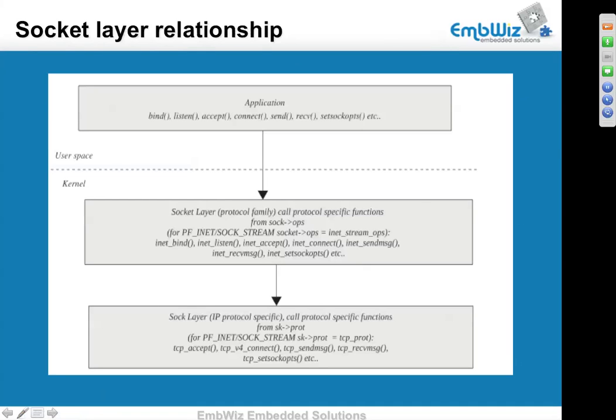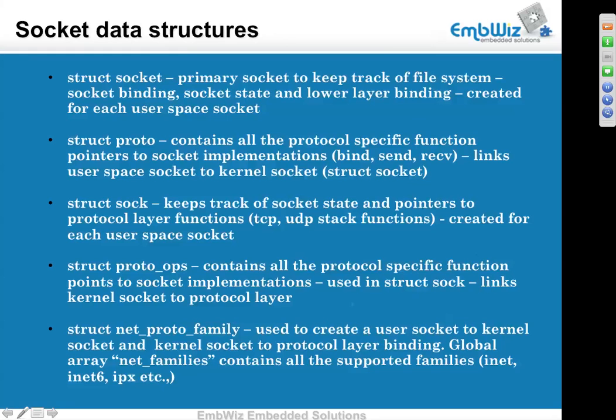So this is where socket-dependent function pointers and protocol-dependent function pointers will be filled. If you see this tcp_prot, it is a proto structure which will contain all these functions. It is a structure of this type, struct proto_ops.